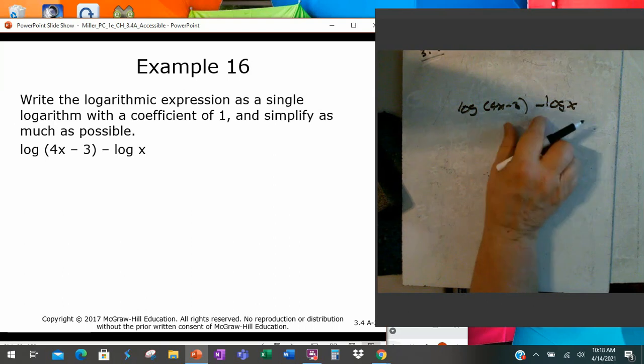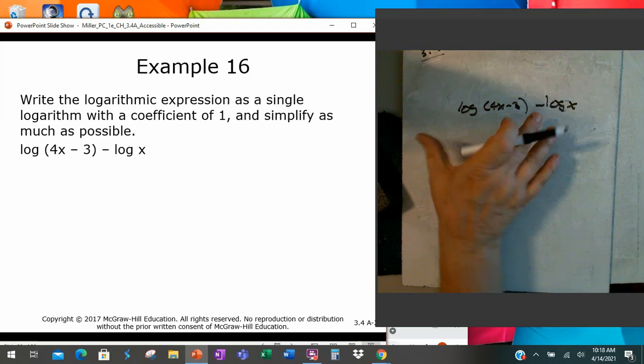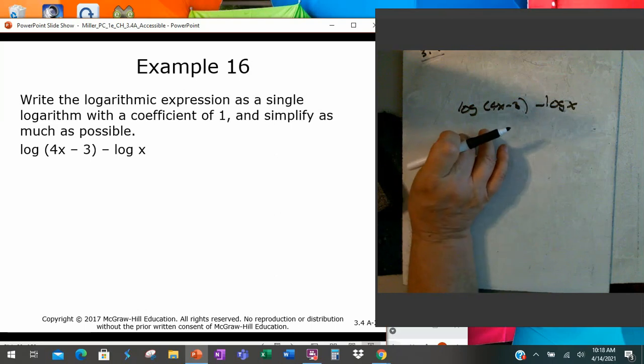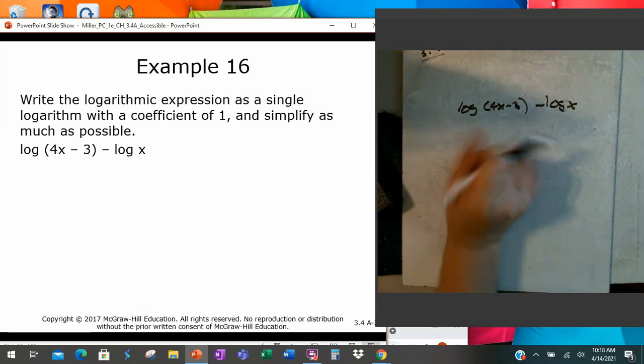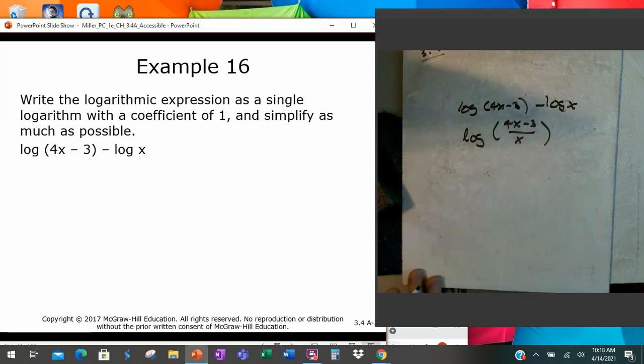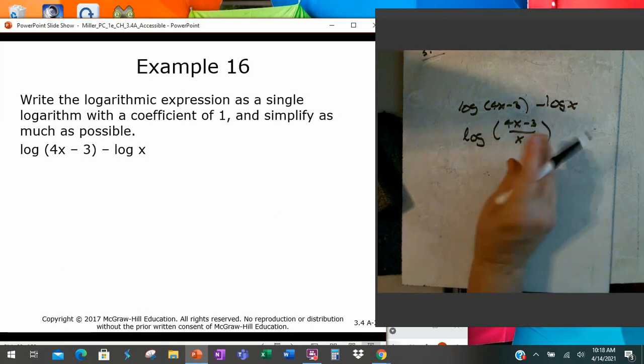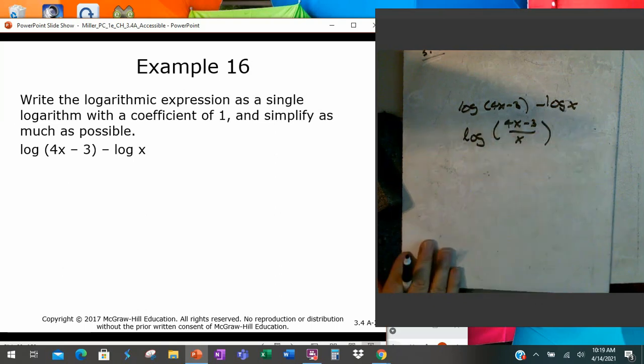I don't want any powers out here, okay? So negatives, if I've got negatives, that's going to go to division. So all my positives are multiplications, and then negatives are division. So this looks just like that. And if I broke it apart, the log of the top minus the log of the bottom, that's where I would end up, okay?